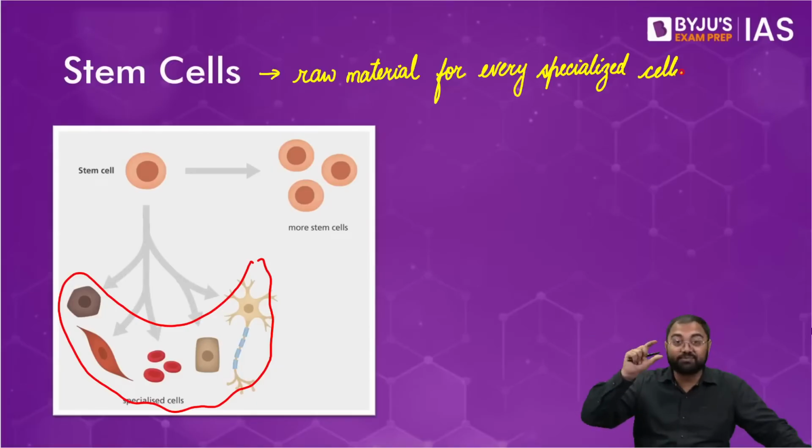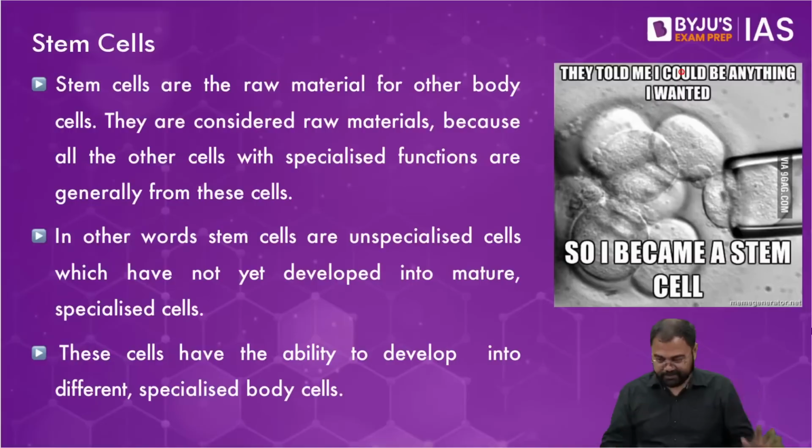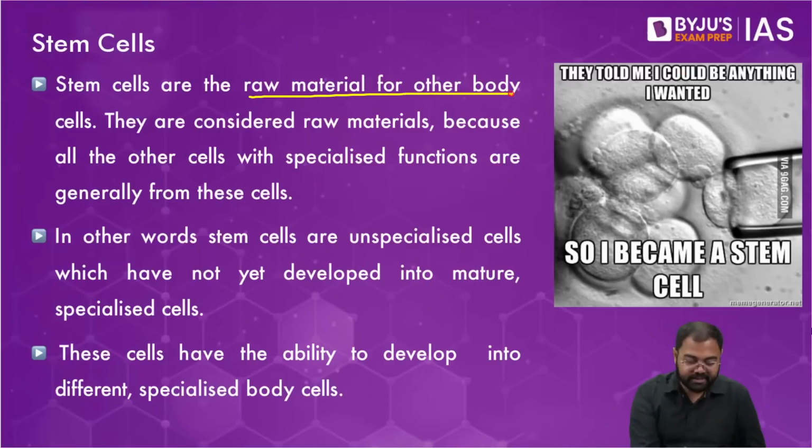That's why stem cells are crucially important for the growth and development of each and every one of them. Because these are the cells from where they all develop, stem cells can become anything. They have the property that they can develop into any kind of cell. That's the beauty and importance of stem cells: they are the raw material for all the other body cells, and they will grow into these specialized functions.